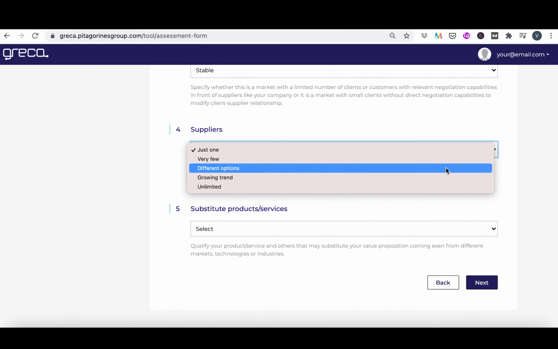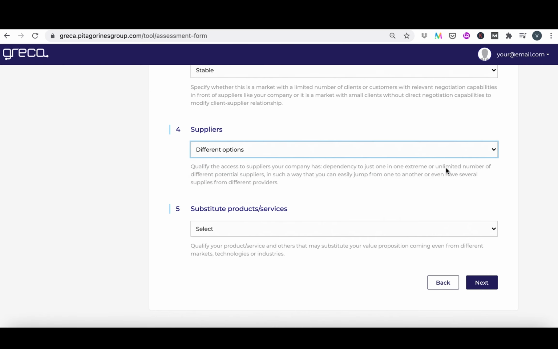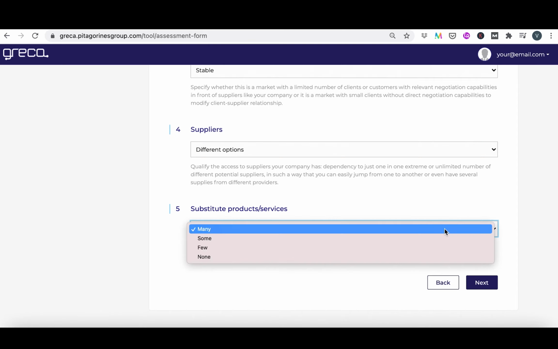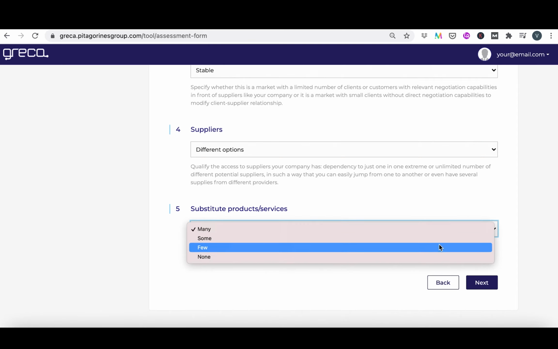In other words, if they can condition our activity in some way, either because of the specialization of our inputs or the lack of competition in the supplier market. And finally, if we have identified substitutes for our product or service.